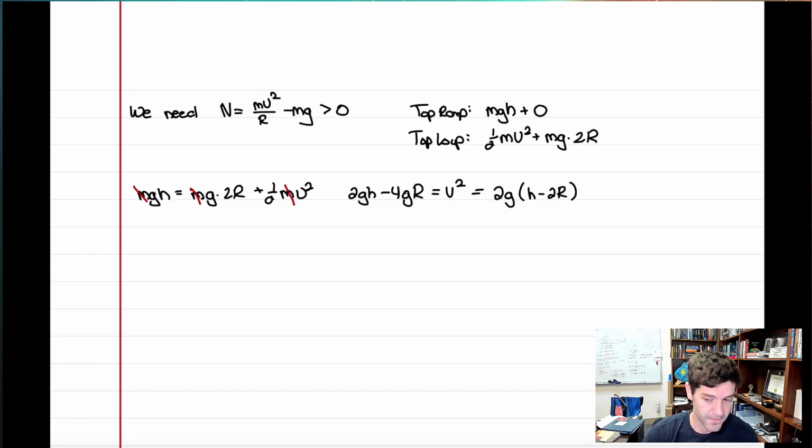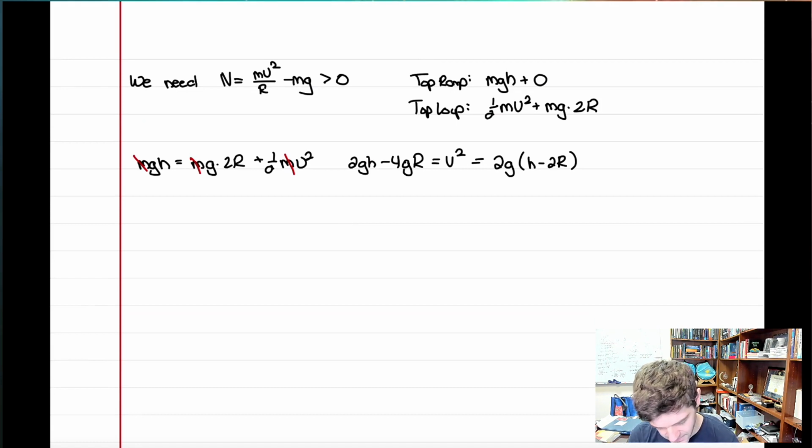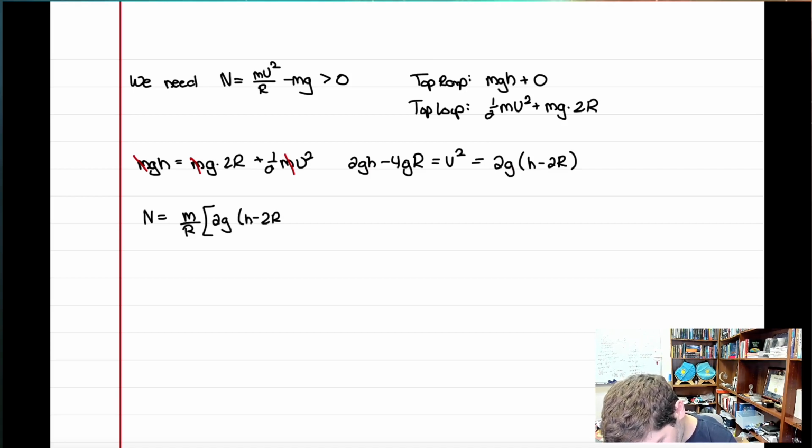Okay, that's not too bad. So now we have an expression for v squared. Notice I didn't bother taking the square root, because the normal force in this case is m over r times v squared. So then I'll replace in 2g(h minus 2r) over r.